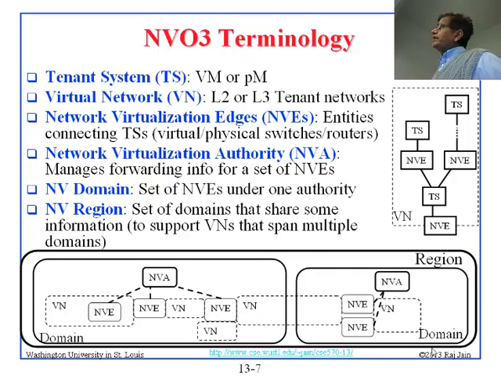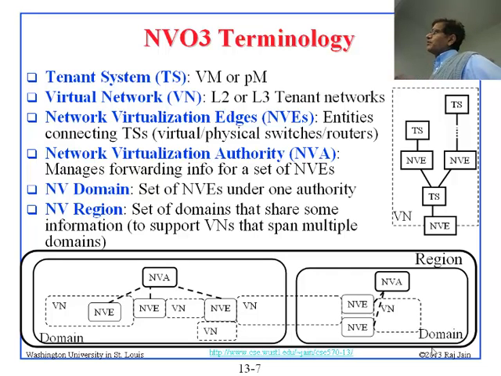And then they have NV domain. So this is a domain. So this is what we call an overlay. Okay? This is the set of NVEs under one authority. And then there is a region, which is multiple domains.